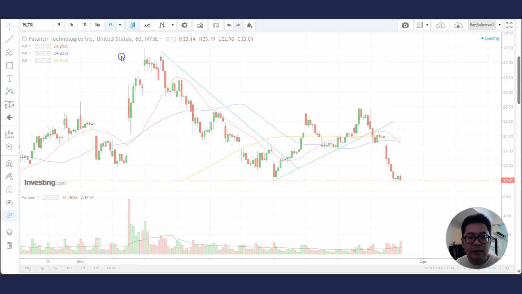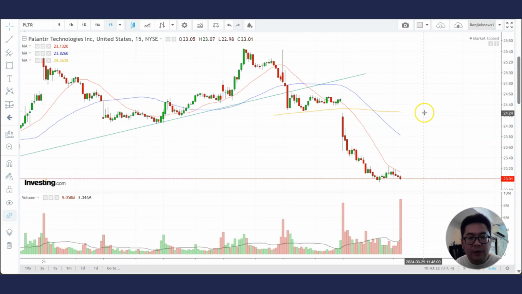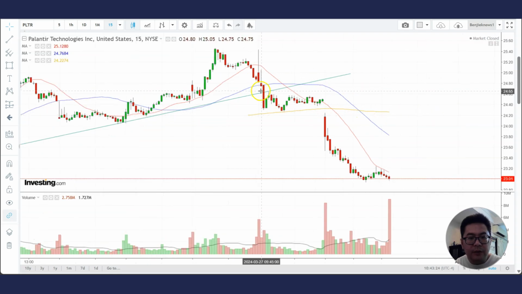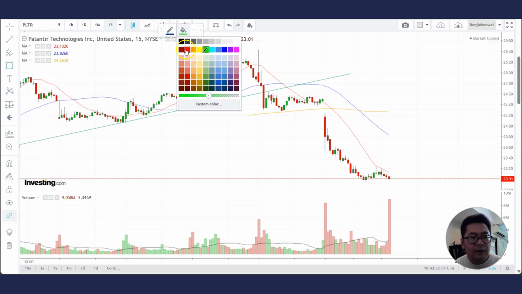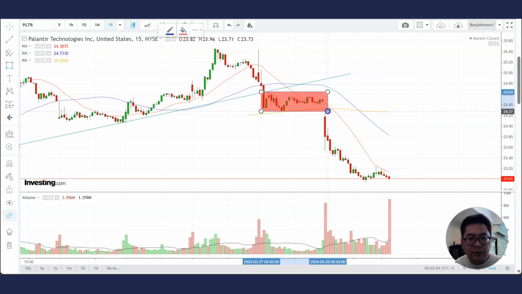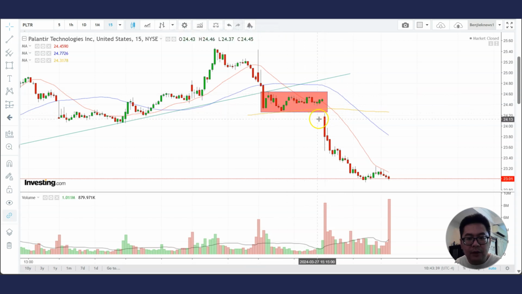And if you look at the 15-minute chart, in the previous 2 trading days it had a bearish cross, and then it consolidated. The next day, it gapped below this consolidation.